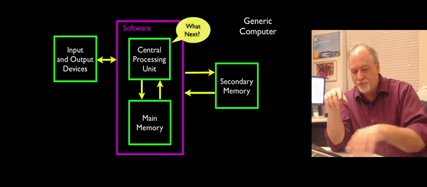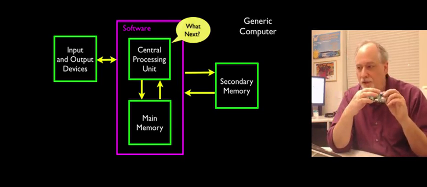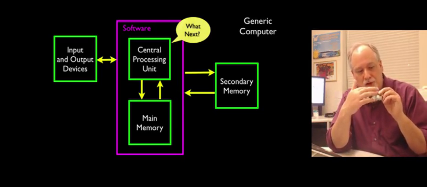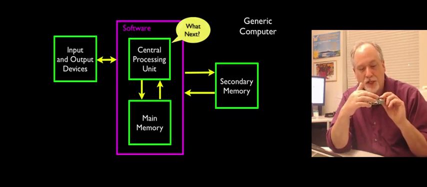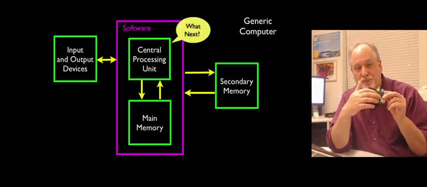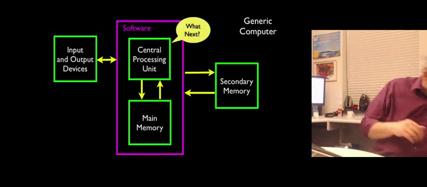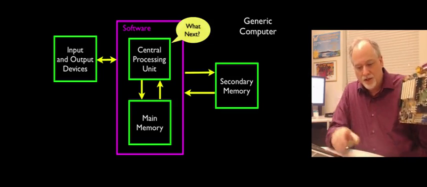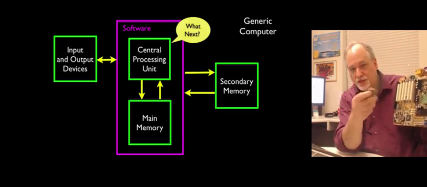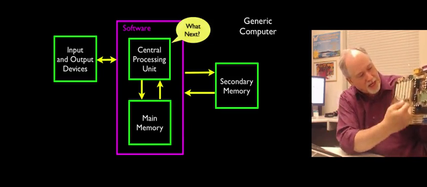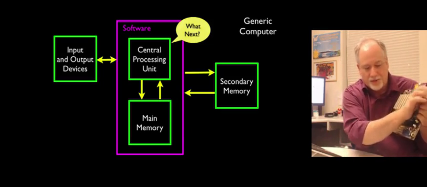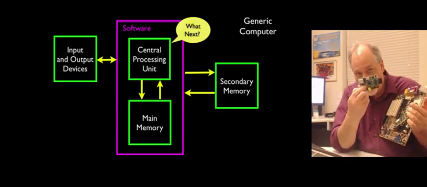So this RAM, on the Raspberry Pi, the CPU, the central processing unit, and the RAM are all in this one chip in the middle. It's called SoC, or System on a Chip, where they put more parts there. So in a sense, they've collapsed a lot of this all down in the Raspberry Pi to one little guy.